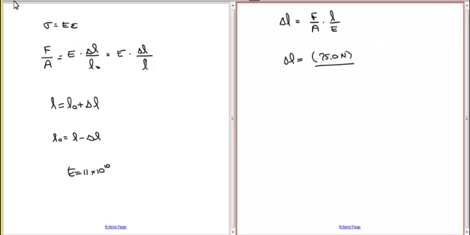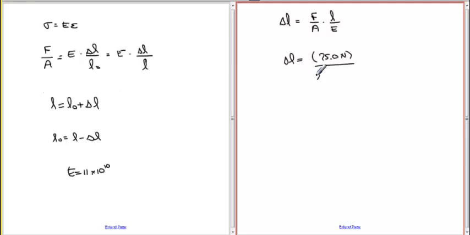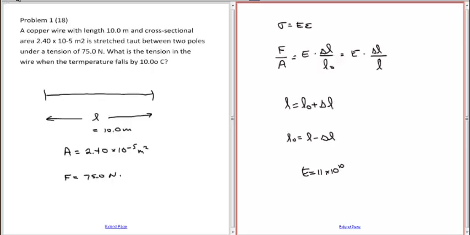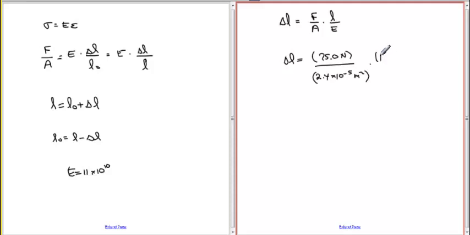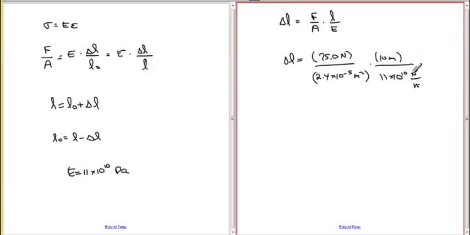I divide by the area, which is 2.4 times 10 to the minus fifth meters squared. I multiply by the length, which was 10 meters, and I would divide by 11 times 10 to the 10th. The units are pascals, which are newtons per meter squared.